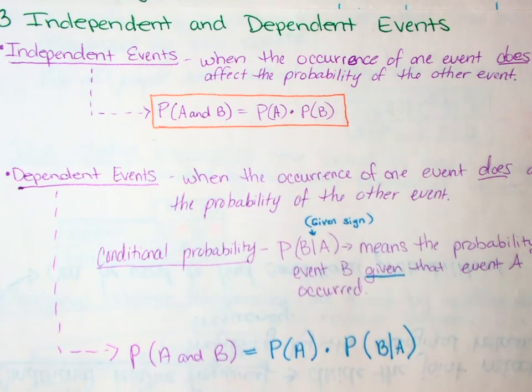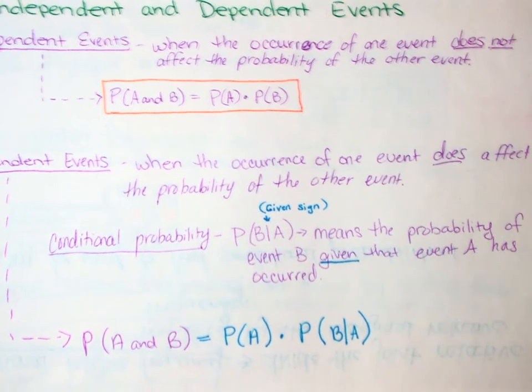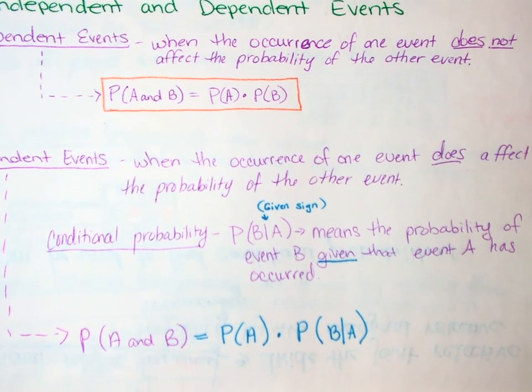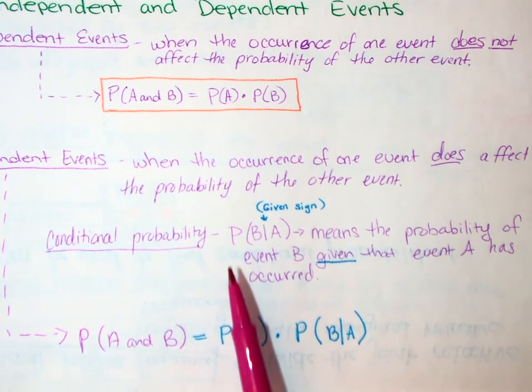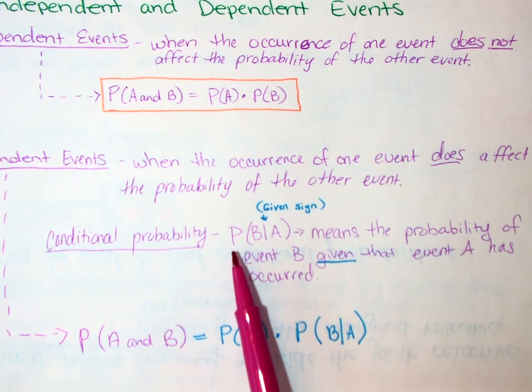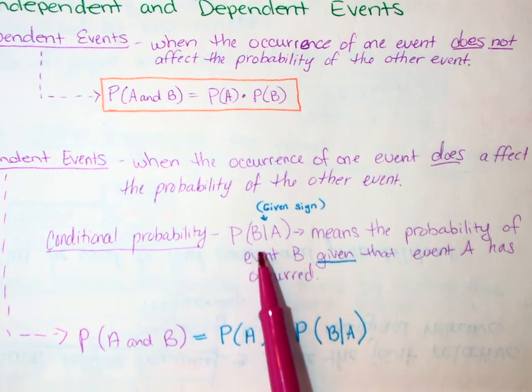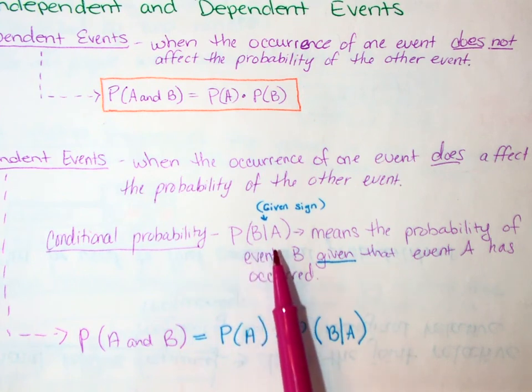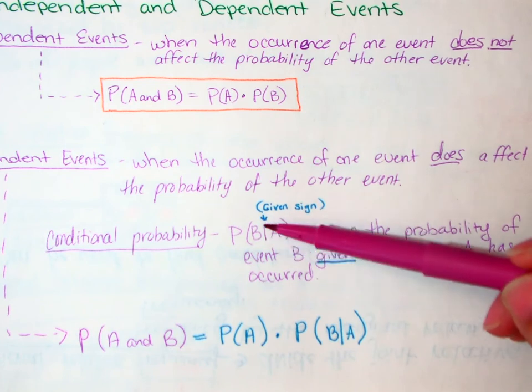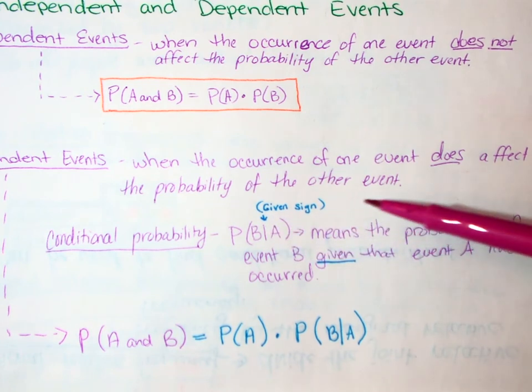Okay? Now, for dependent events, this is when the occurrence of one event does affect the probability of the other event. So this is based off conditional probability, and we write it as the probability of B given that A already happened. So this little line right here, you say "given that."